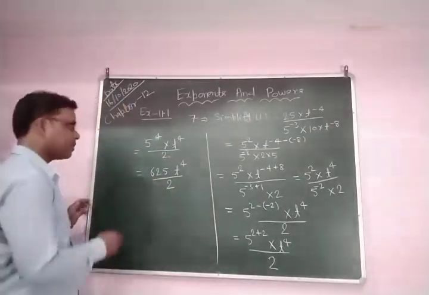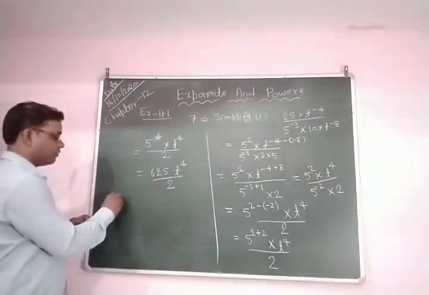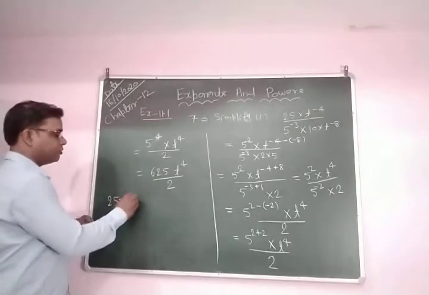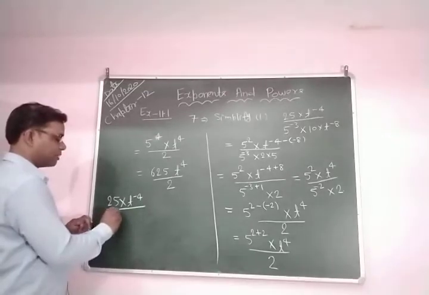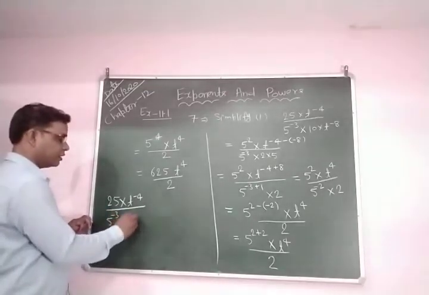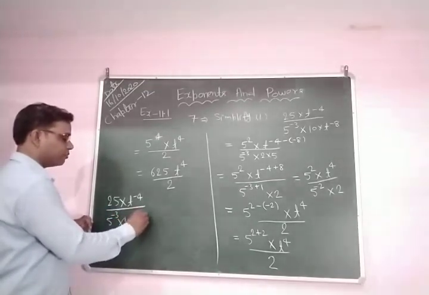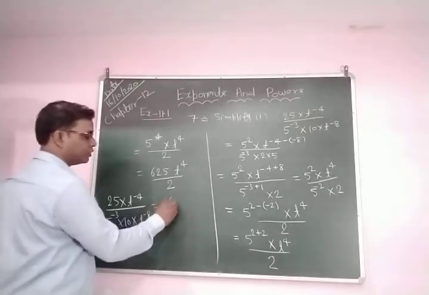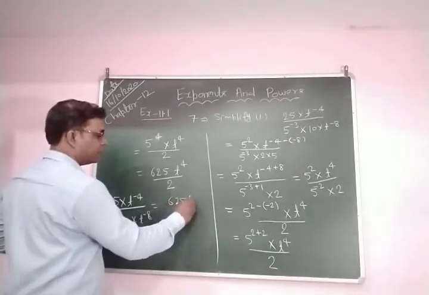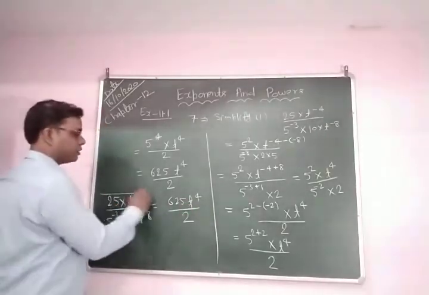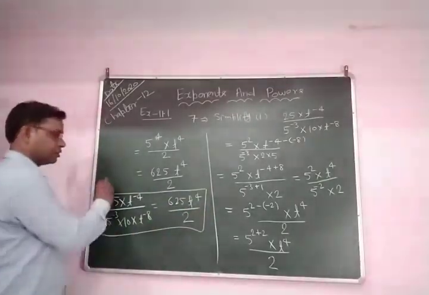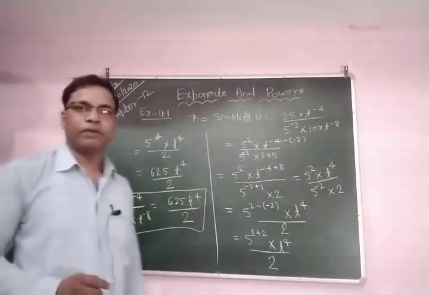So you can write here, this is given 25 into t power minus 4 divided by 5 power minus 3 into 10 into t power minus 8 is equal to 625 t power 4 by 2. This is our solution. So students, I hope all of you understood these questions.